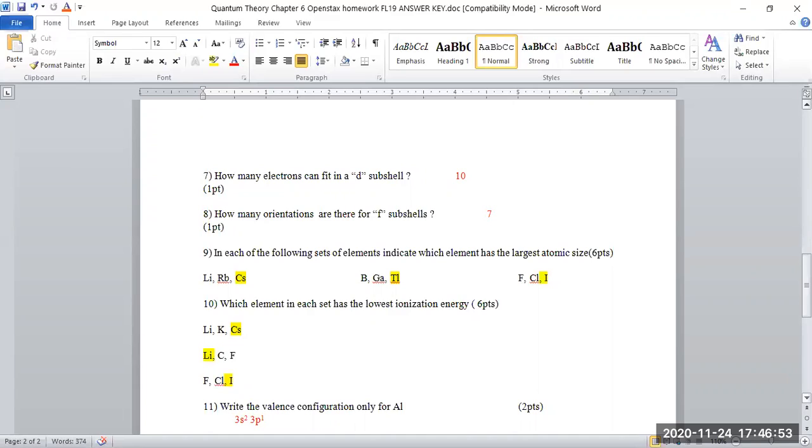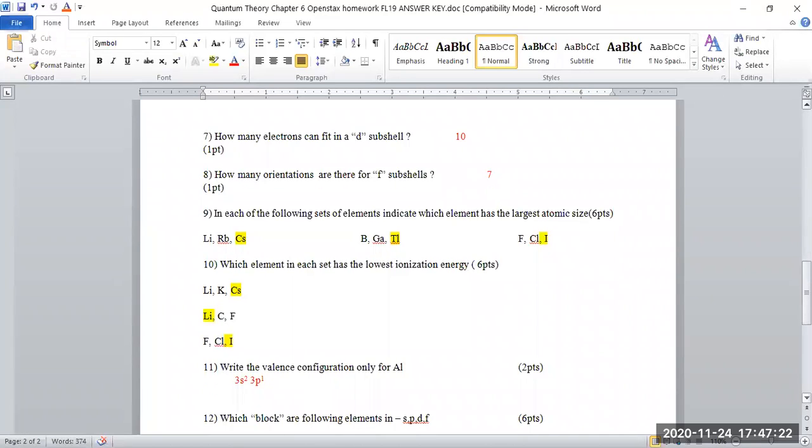Therefore, in the first set, cesium's at the bottom. That makes it bigger. Then we've got boron, gallium, thallium. So thallium's got to be the biggest because it's the bottom of the column. Same thing true with the halogens. Fluorine, chlorine, I skipped bromine, and iodine. Iodine is at the bottom of the halogen column.